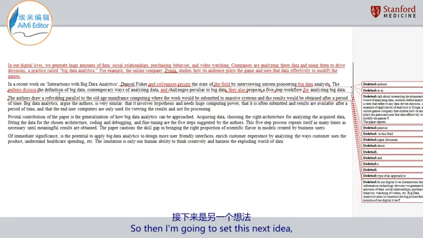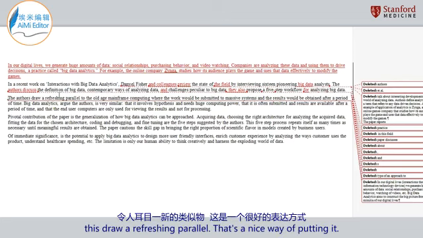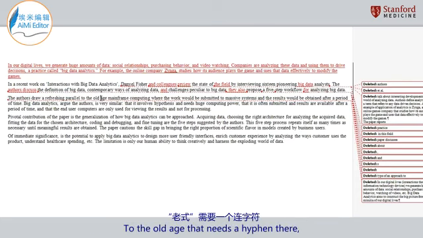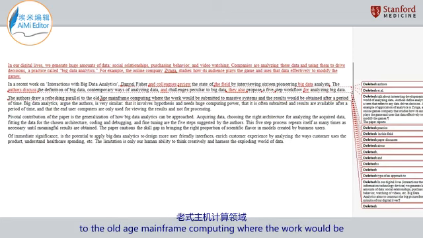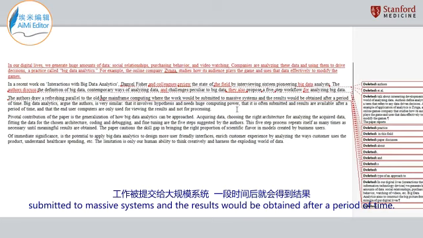So then I'm going to set this next idea, this parallel with old age mainframe computing, I'm going to set that off as a new paragraph. So this has a nice idea that the authors draw a refreshing parallel, that's a nice way of putting it, to the old-age mainframe computing, where the work would be submitted to massive systems and the results would be obtained after a period of time.